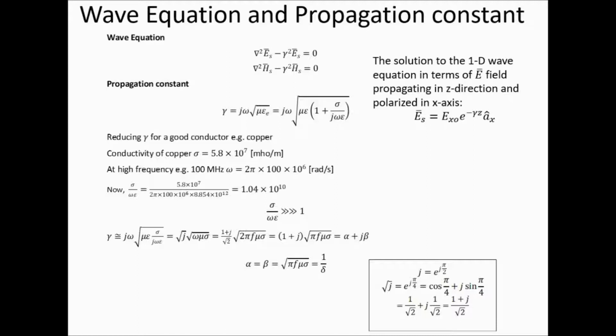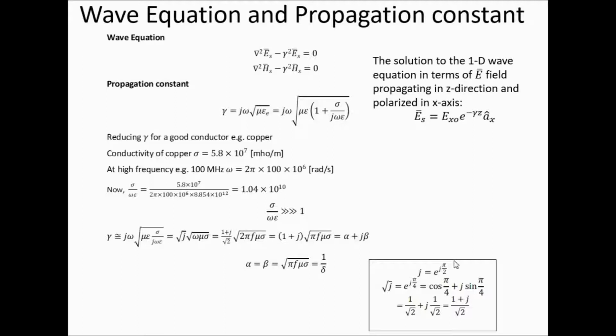So we write it like square root of j, and we can cancel out epsilon. We come up with square root of j times square root of omega mu sigma, and square root of j can be transformed to (1 plus j) over square root of 2.